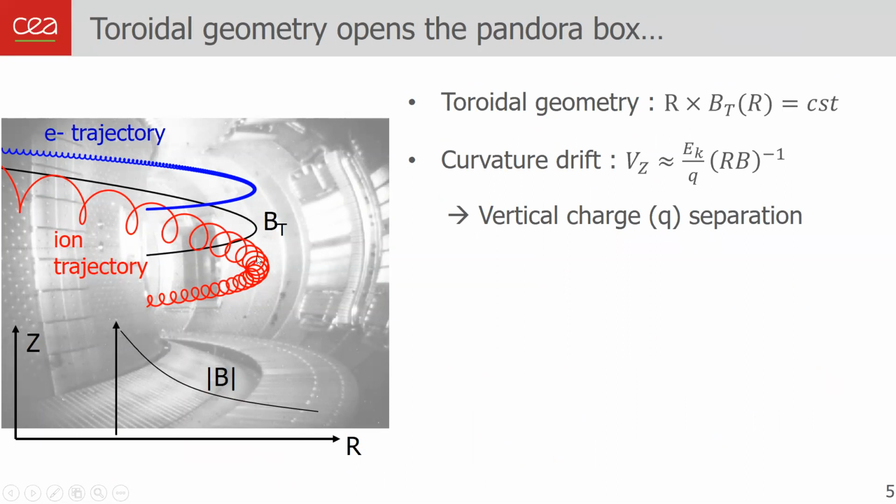You have two different contributions to it, but they basically add, and you have a curvature drift that is more or less proportional to the particle energy, inversely proportional to the charge of the particle, and inversely proportional to the product of major radius times magnetic field. And because this drift direction is charge dependent, you get a charge separation in the vertical direction. Electrons move up, for instance, ions move down.